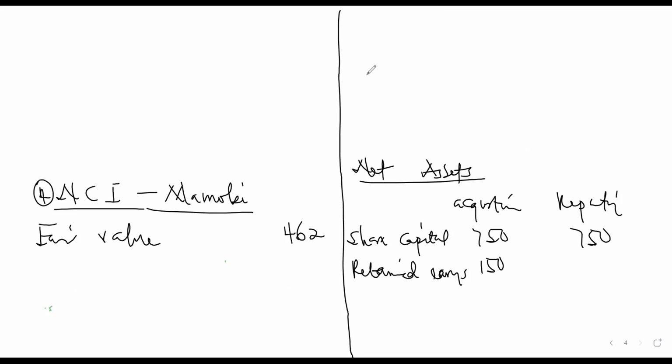In case maybe Choco did not have any 40% holding in Tesano, and then this Mamobi had the 25%, what would have been the situation?